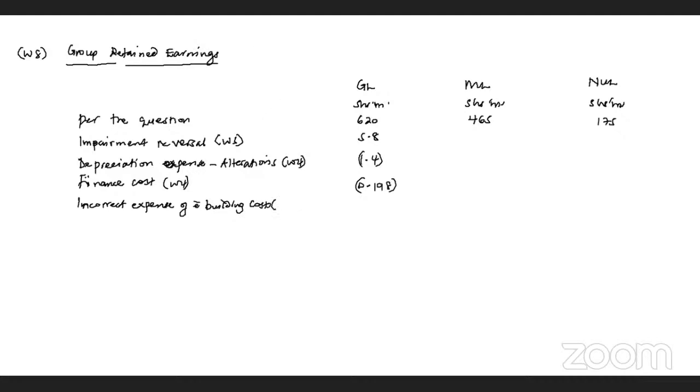Incorrect expense on the building cost. That was 6.6. A credit, so you add that back.